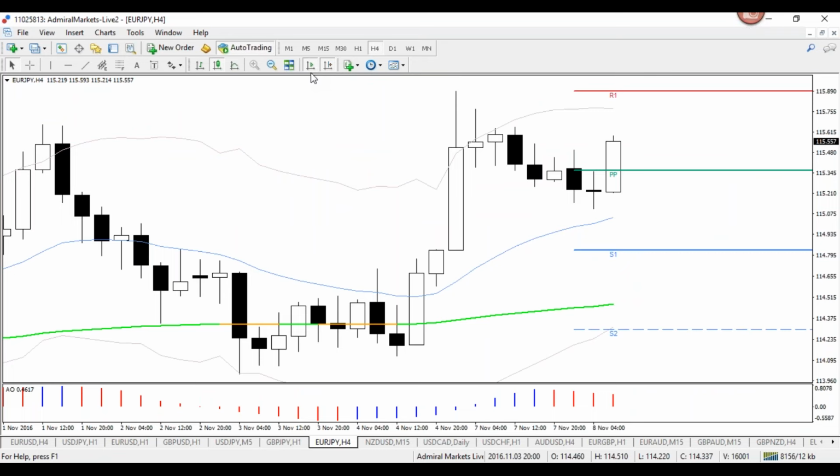What I do personally is use candles and time factor at moments that I think make sense, at moments where I expect the trend to continue, where I expect a reversal to occur.